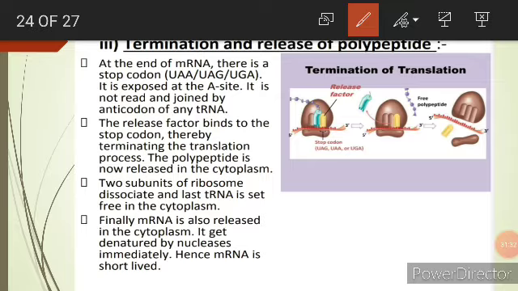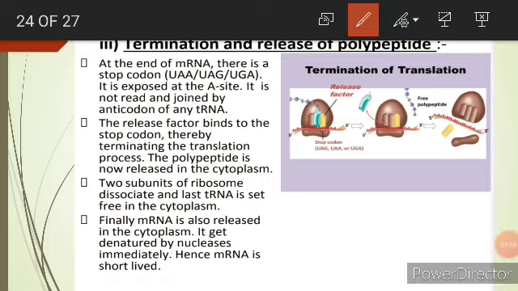So what is going to happen here? Because of translocation, the ribosome has moved in such a fashion that on the A site a termination codon is now placed, whereas on the P site there will be a tRNA carrying the polypeptide chain.